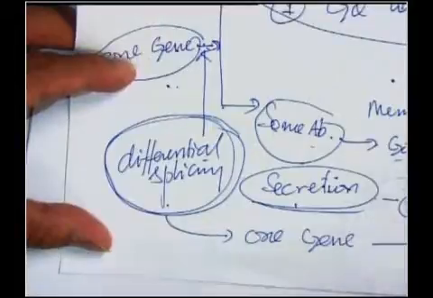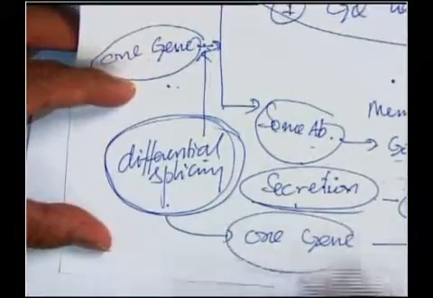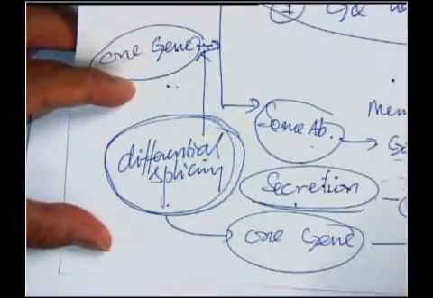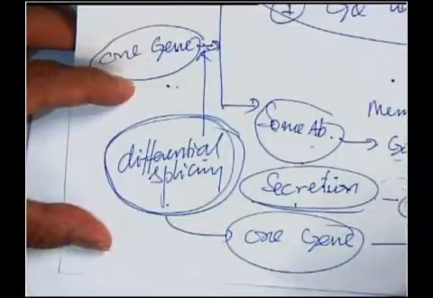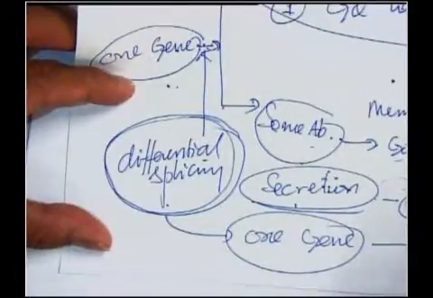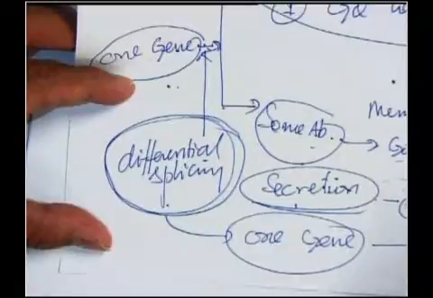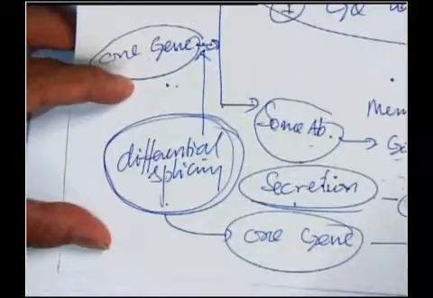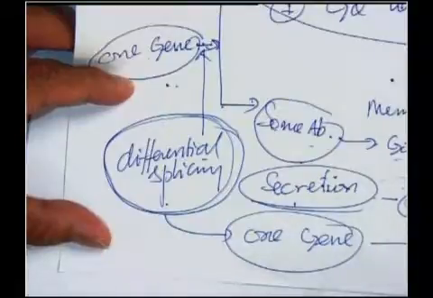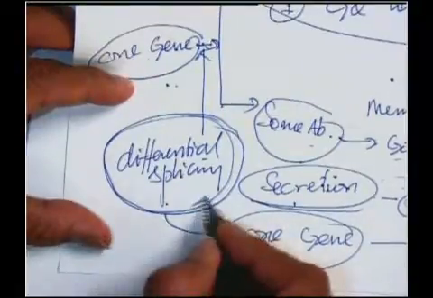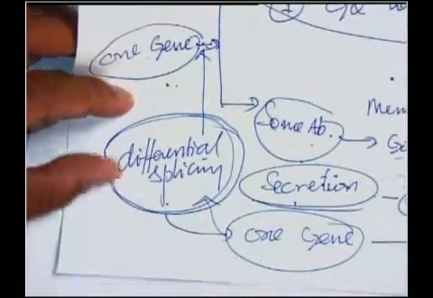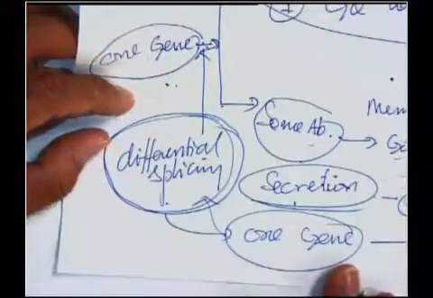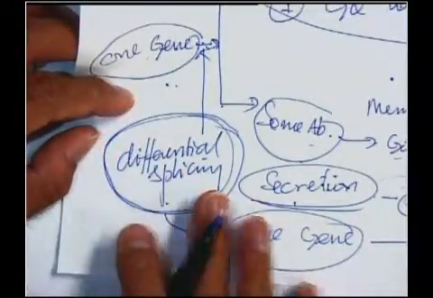If I ask the reverse, that there are two proteins, and the function of the two proteins is that one is the receptor and another one is the antibody, and what is the gene, what is the mechanism involved in the synthesis of this receptor and antibody, that's another way I ask the question, but the answer is differential splicing. So either way, if you understand differential splicing, that is the answer that you have to give.